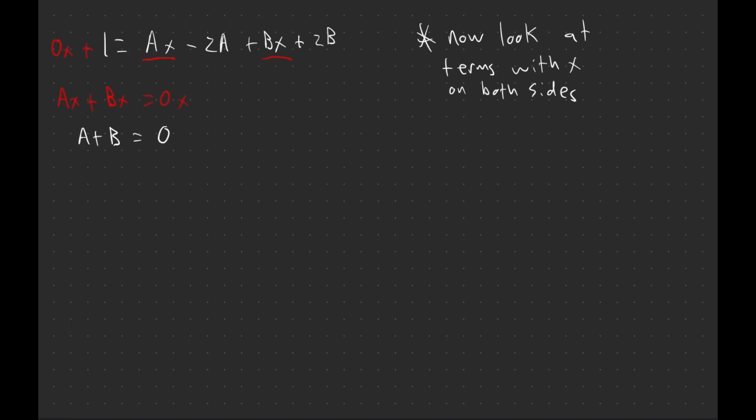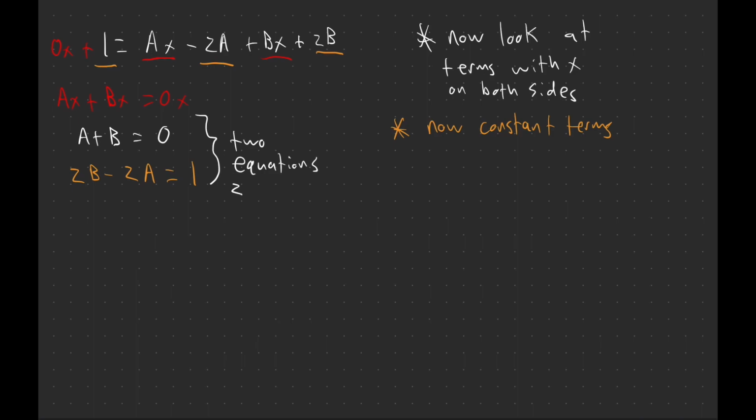That's not too bad. And then let's take a look at the constant terms. That would be the negative 2a and the 2b and the 1. So we could say 2b minus 2a is equal to 1. Now what we have is a system of equations with two variables and two unknowns.